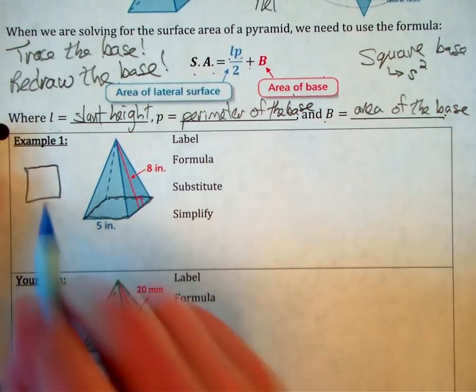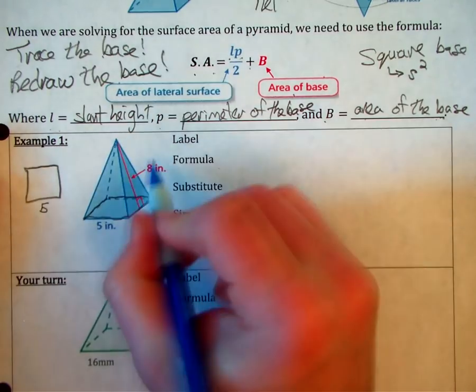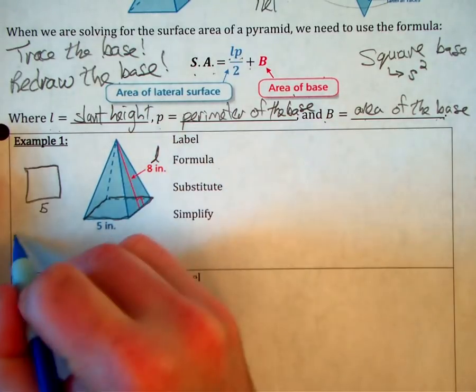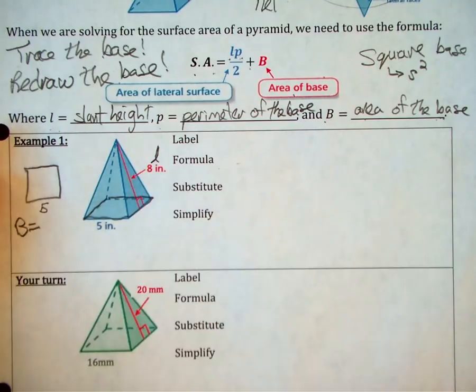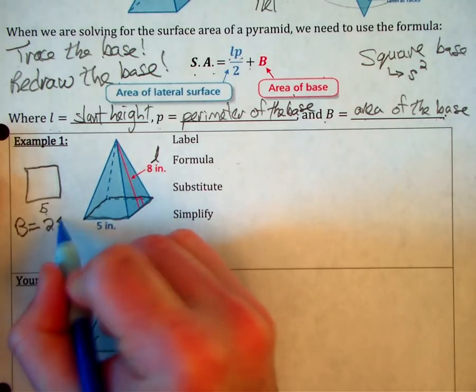Alright, so I redrew a perfectly drawn square, and I have one of the side lengths is 5, and the slant height is 8. And so that means that my area of the base, or big B, is going to be 5 raised to the second power, which is just 25.